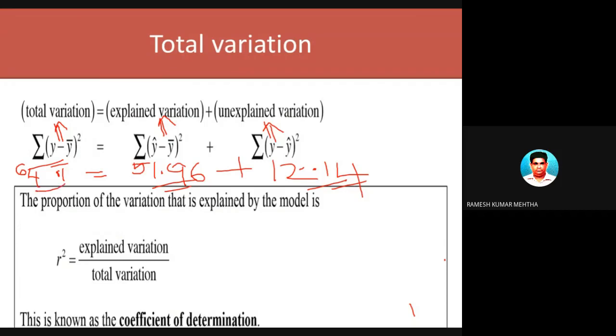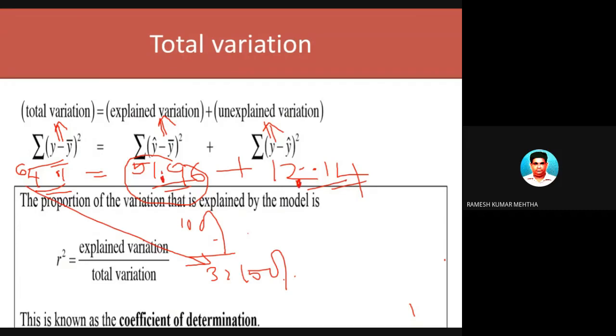Out of 64.1, if it's almost near 64.1, it's 100 percentage. If it is like 32, means only 50 percentage, because out of 64 only 32 is explained, the remaining is still unexplained. So this part should be very high and this part should be very low.